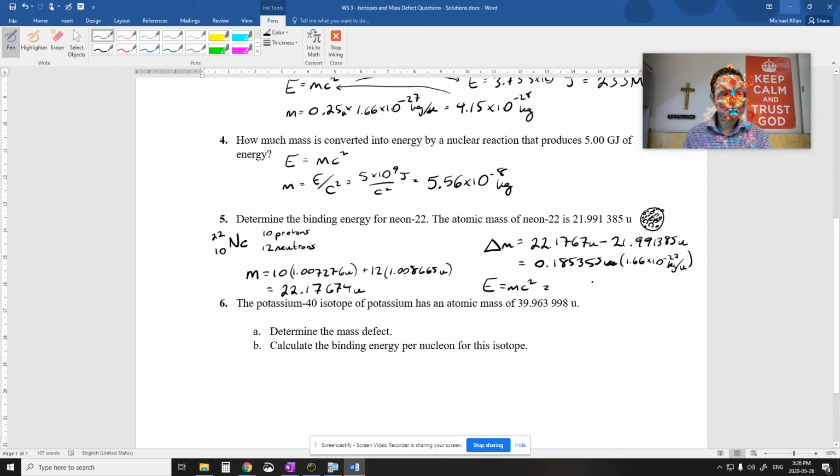And I get a mass. I'm running out of space here, so I'm going to take that mass, whatever I find there, remember this is my defect, and put that into my binding energy formula, which is just part of Einstein's formula there.